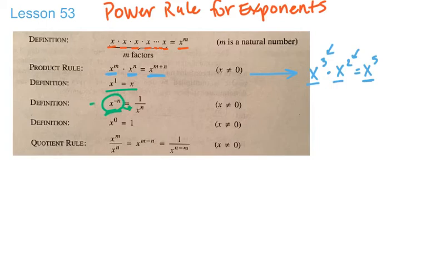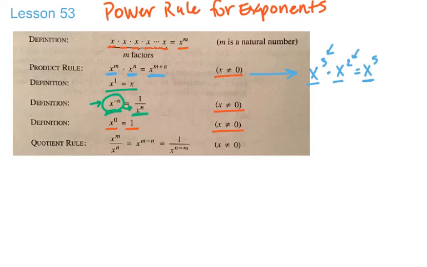So since it's technically in the numerator here, if you move it into the denominator, you can make the exponent positive or change its sign. The next one here is x to the 0 power. No matter what x is, it'll always equal 1 when it's raised to the 0 power. And again, when I say no matter what x is, that's keeping in mind that x cannot equal 0 in a lot of these situations.